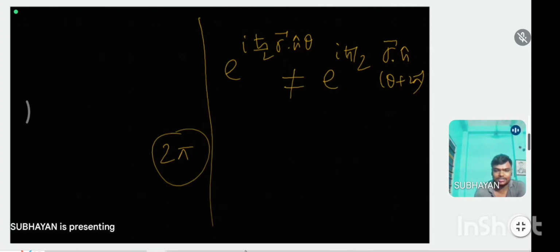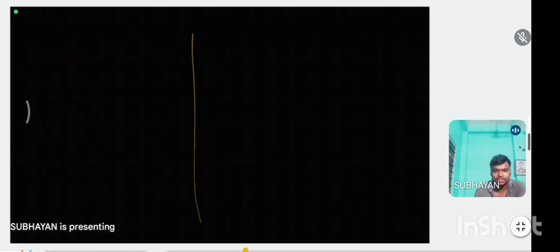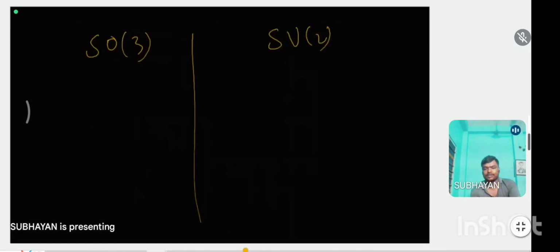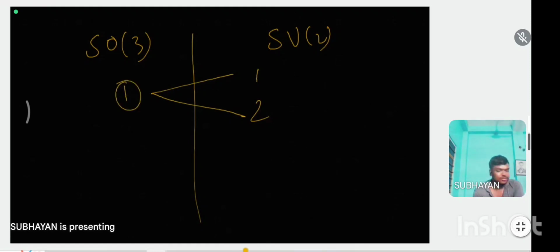So if you make some correspondence between SO(3) and SU(2), that means physical rotation and abstract rotation, you may have two elements which correspond to the same one element in SO(3). This is a 360 degree rotation. So making a 360-degree abstract rotation, those are two different elements which will map into the one element in SO(3).